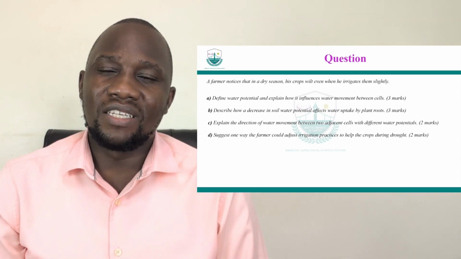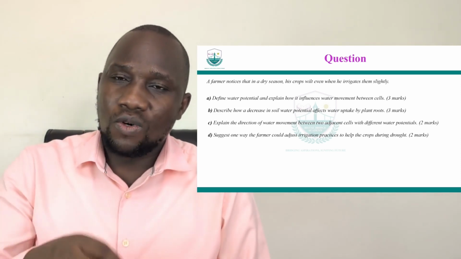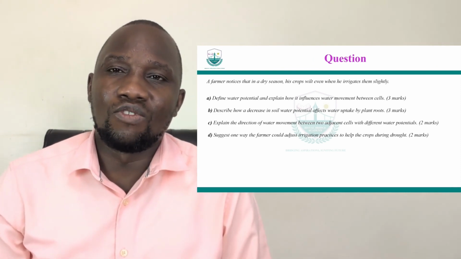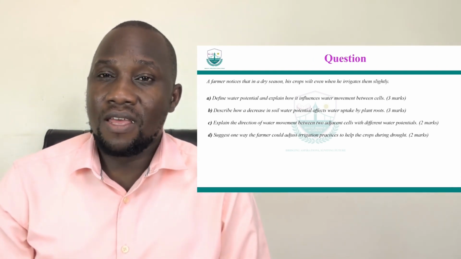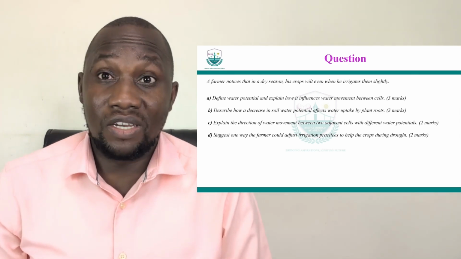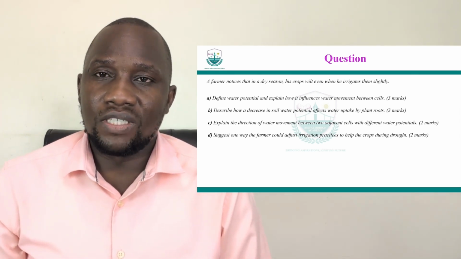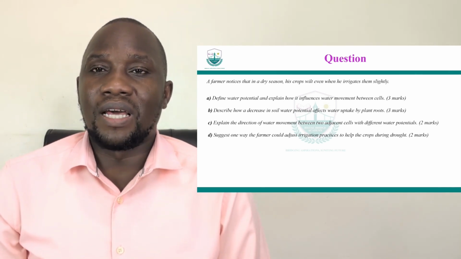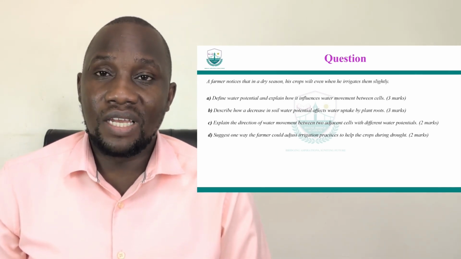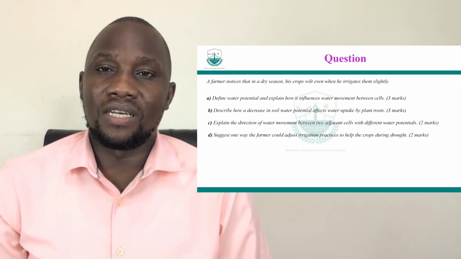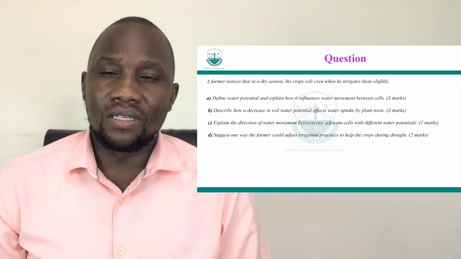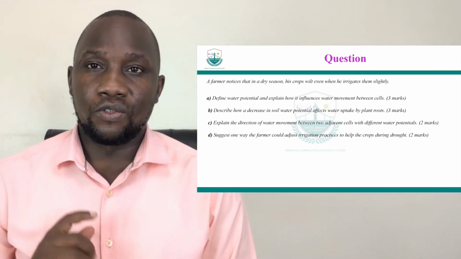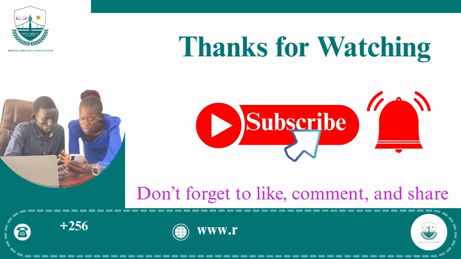And when you have a negative water potential, these water molecules will not be available to be taken up by the root hair. So as a farmer, know the kind of water you are supplying to the plants. Otherwise, even after supplying them with water, they will not be healthy. They will wilt because of that salty content.